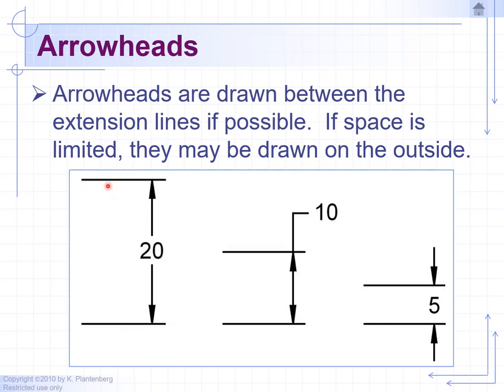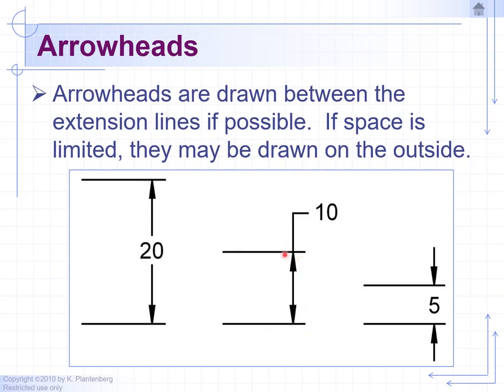But when you don't have room, like on the next example, you can take the text out, in this case, the size feature of 10. We can leave the 10 inside and between the arrowheads, but it's going to look crowded. It's okay if you leave the 10 inside, but it just looks cleaner if you pull the 10 outside the extension lines.